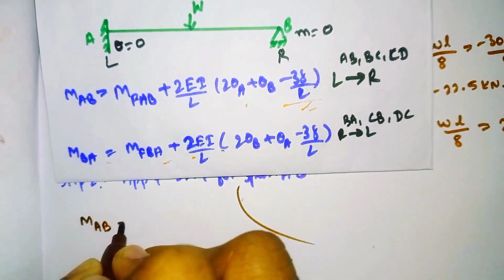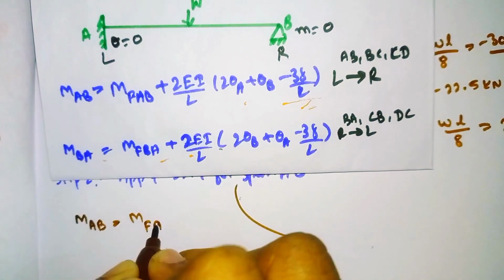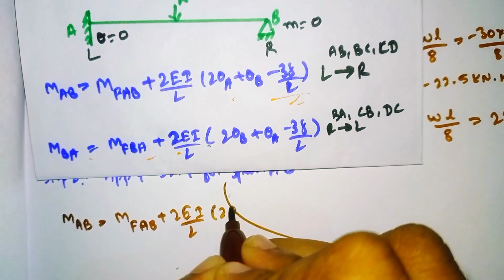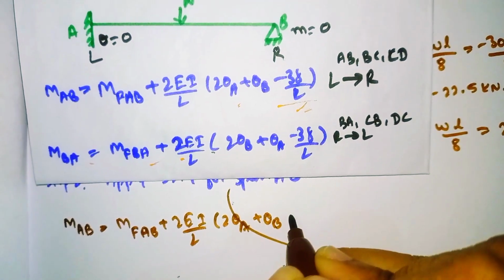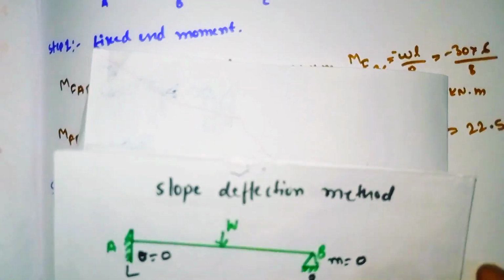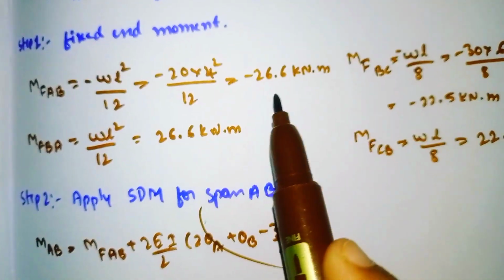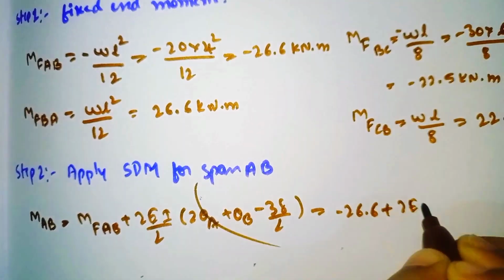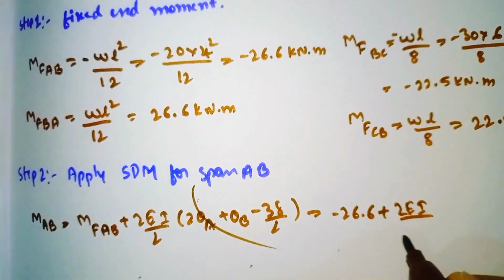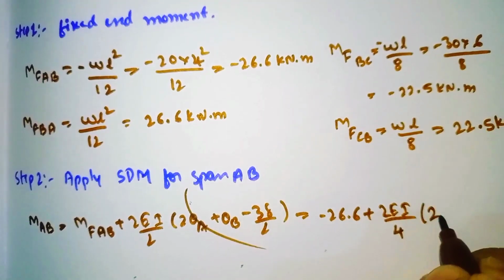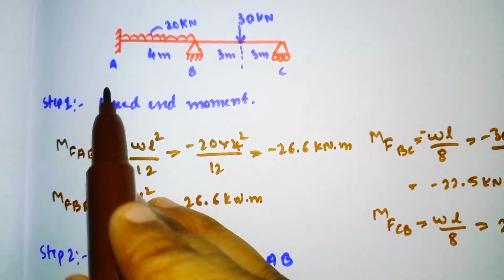So MAB is equal to MFAB plus 2EI divided by L into 2 theta A plus theta B minus 3 delta divided by L. Our MFAB we got was minus 26.6. Substituting that value, minus 26.6 plus 2EI, which is not given, so keep it as it is. Span AB is 4 meter. So 4 into 2 into theta A; A is the fixed end, and at the fixed end our slope will be 0.